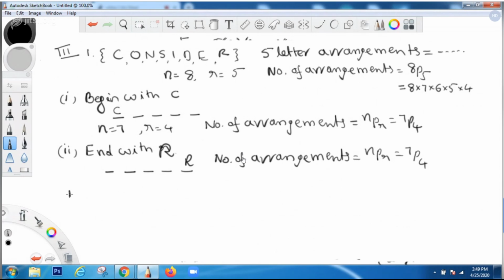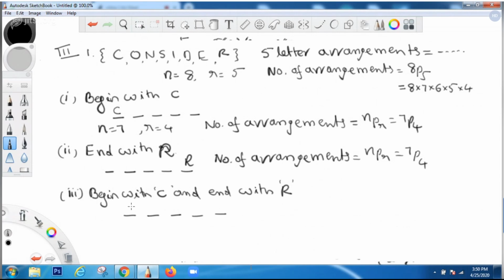Third part of the question: how many of them begin with C and end with R? The condition is begin with C and end with R. We take 5 places.